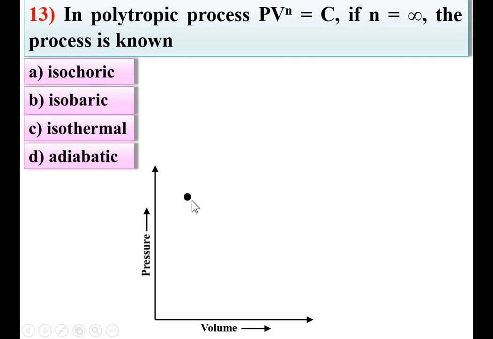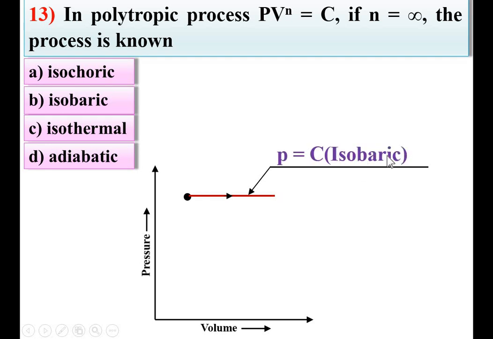And if I consider this is the initial state of the process, this is a horizontal line. That means it is the constant pressure process. And that is known as isobaric process also. Now consider the another process. And here you can see volume is constant. So it is constant volume process. And that is called as the isochoric process.